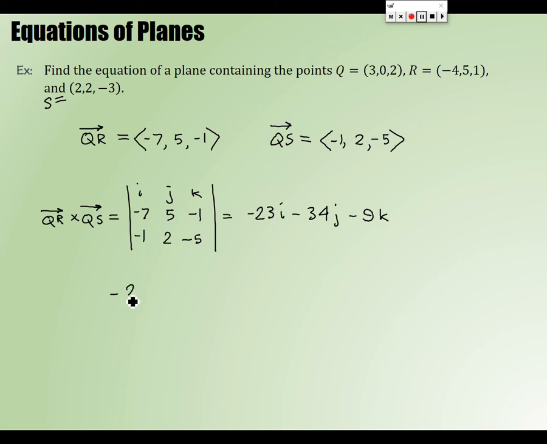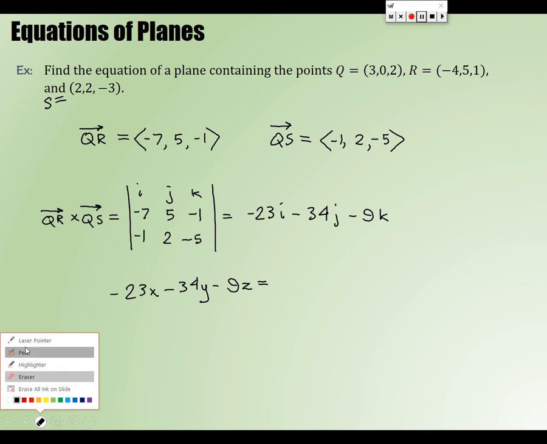So what do we have? Negative 23x minus 34y minus 9z equals something. I don't know what. I'll dot that with 302 now. Oh, this is messy. Negative 69 and negative 18.